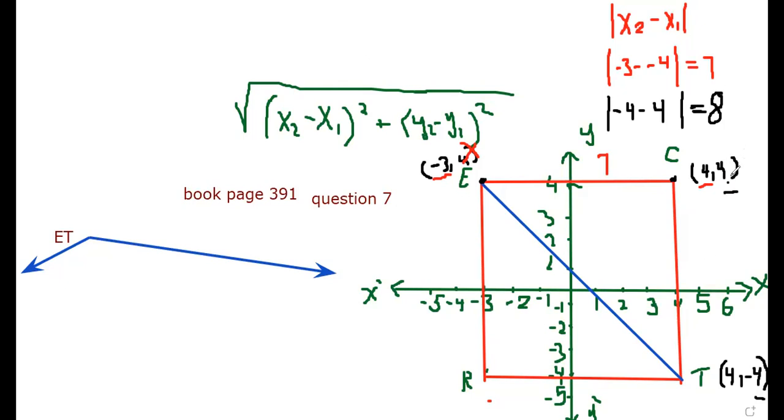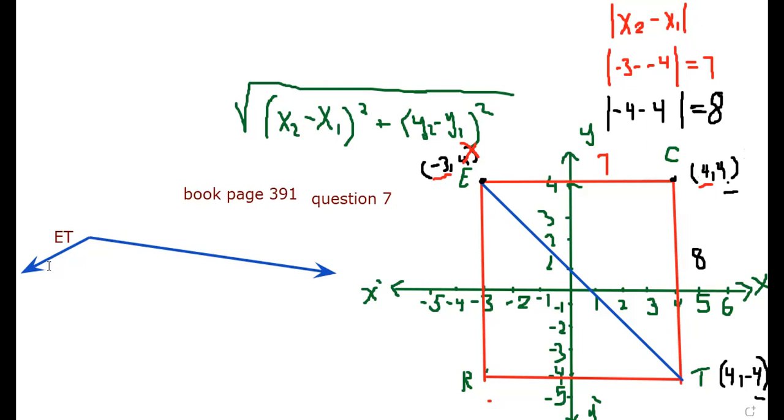For this reason, once you want to find the distance between 2 points, we have to use the absolute value for negative numbers, right? So we said that we have 7 and this one was 8. How will we find now the distance between E and T? By using what?